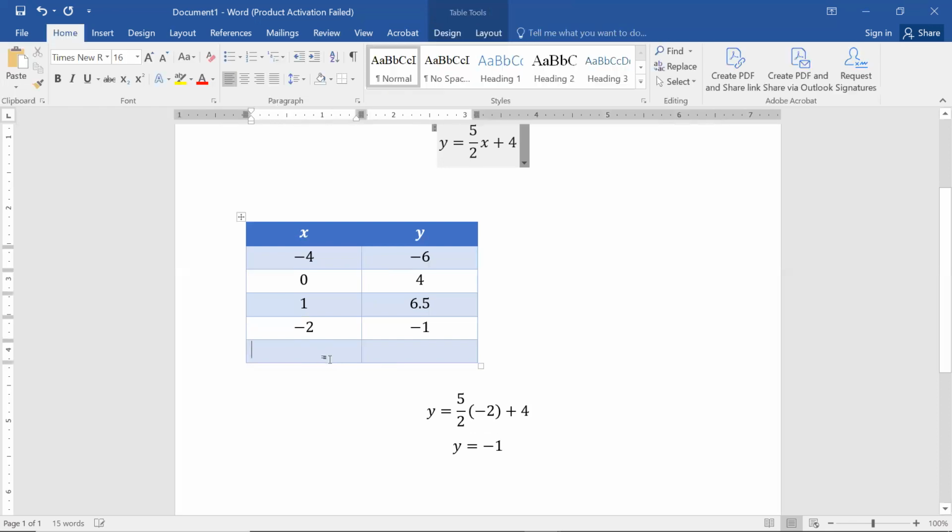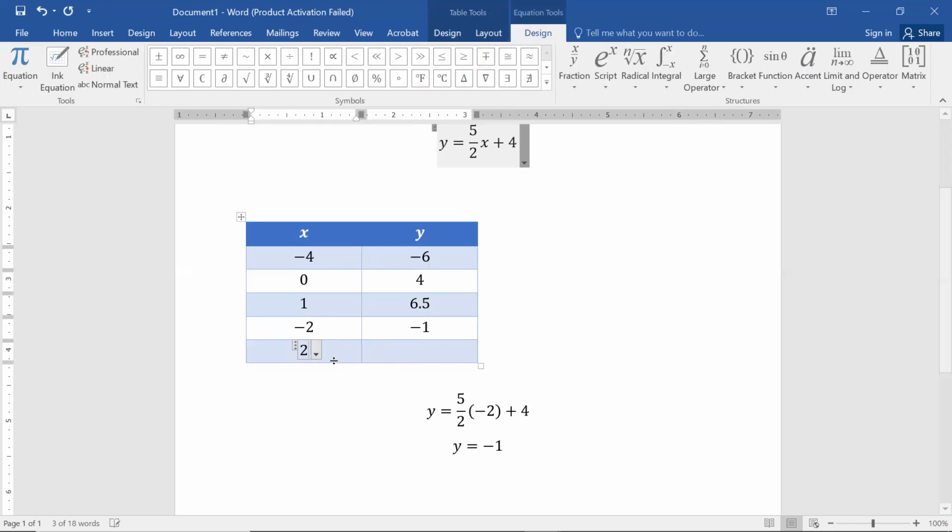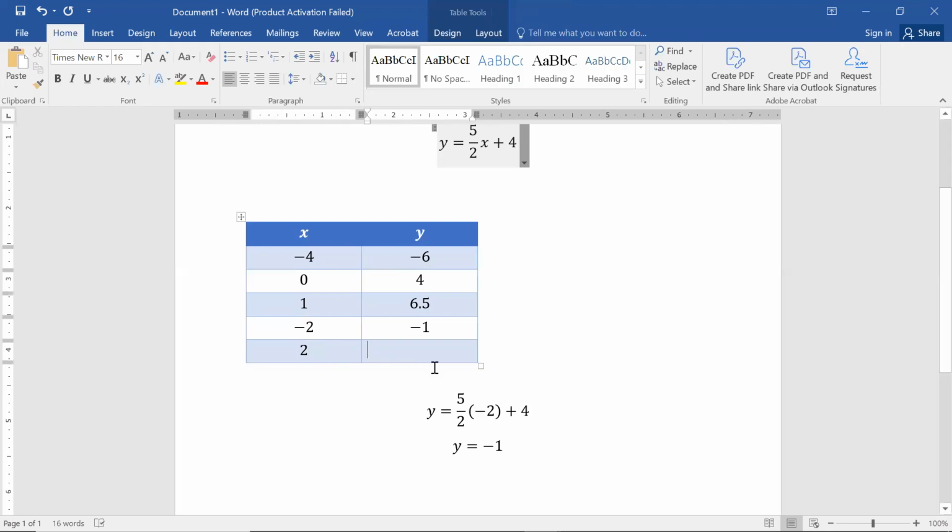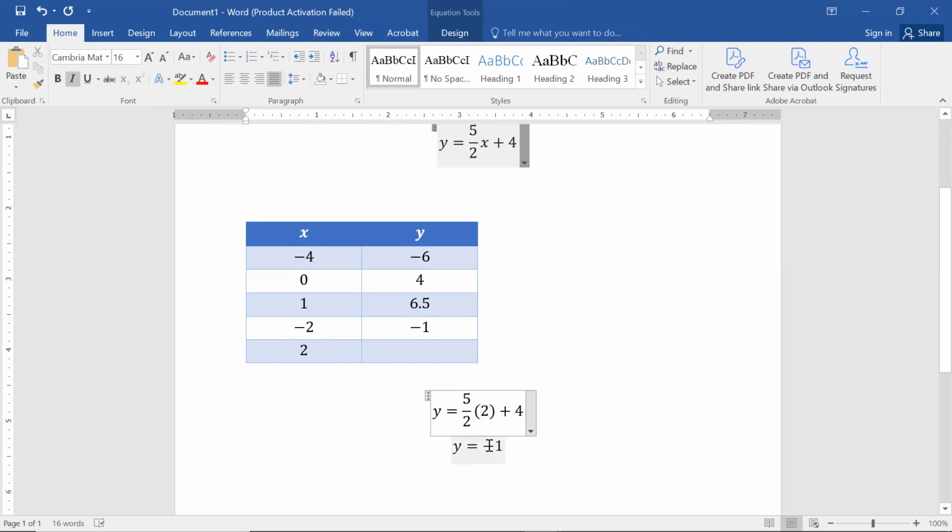And then let's plug in, I guess, a +2. 5/2 times 2 plus 4 gives you a y value of 9.